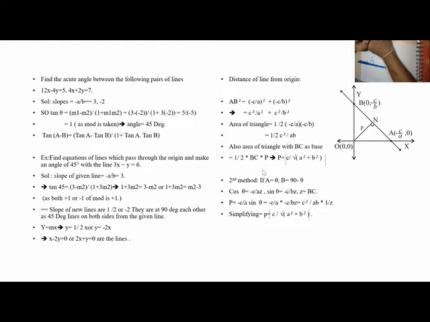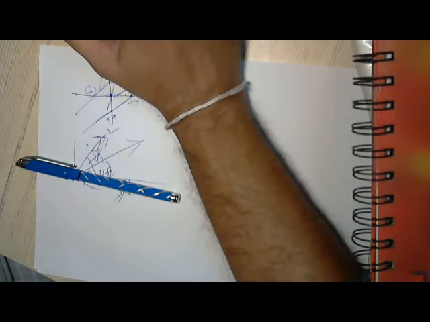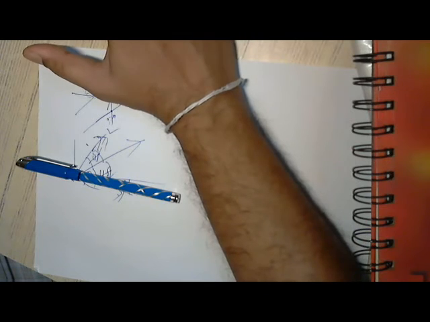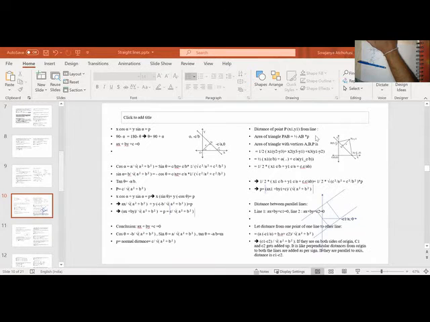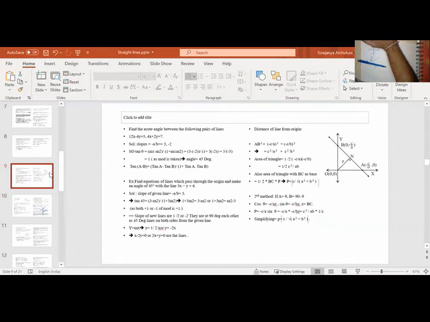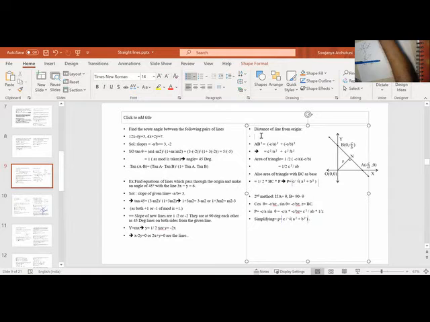The line is ax plus by plus c is equal to 0. Let this be the line.